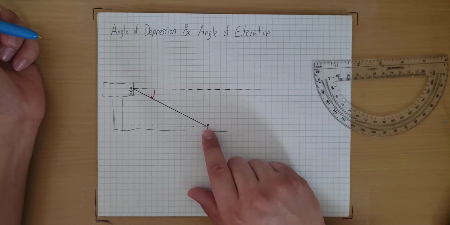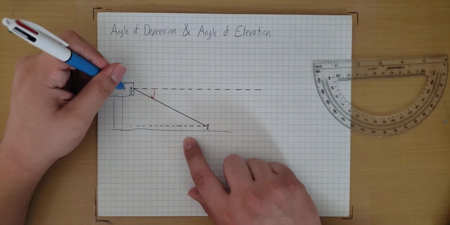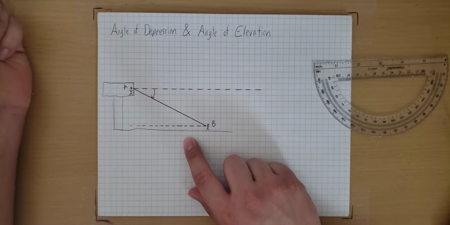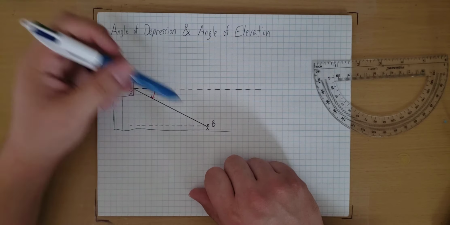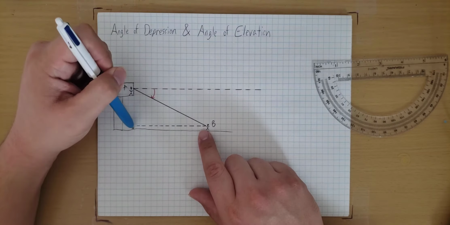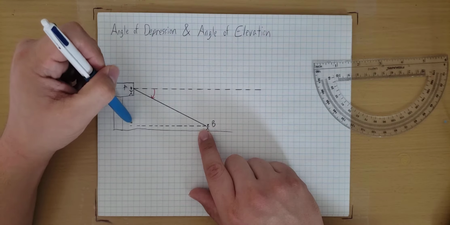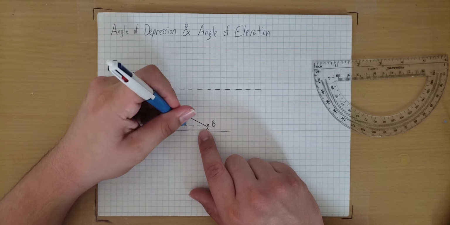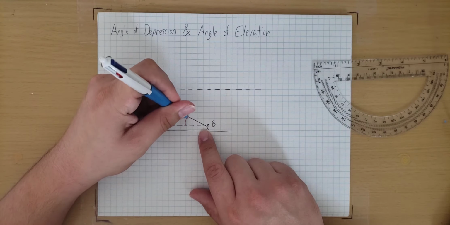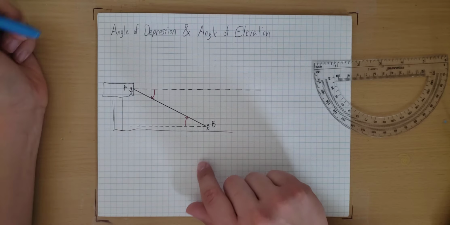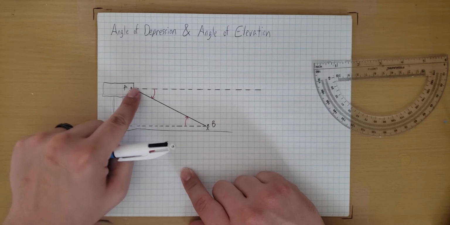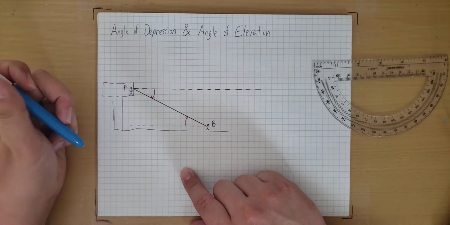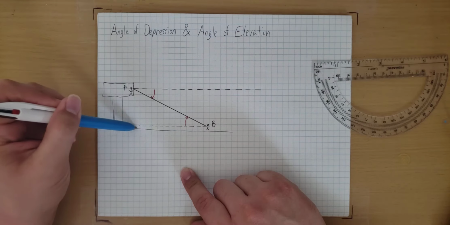So then the person down here, let's call this person A and this is person B. Person B forms an angle of elevation because here's their horizontal line right here and their line of sight is to an object above the horizontal line.